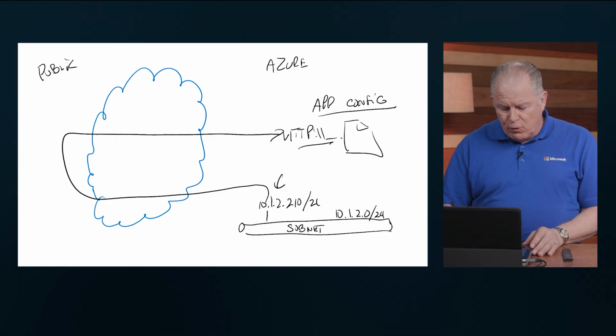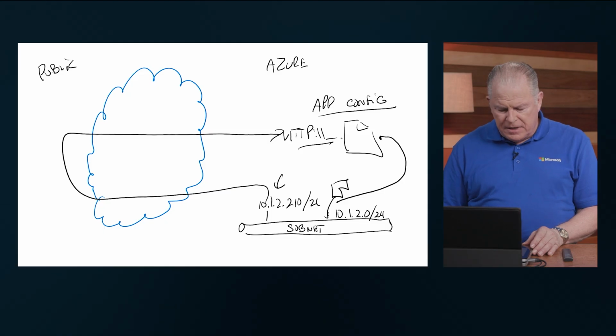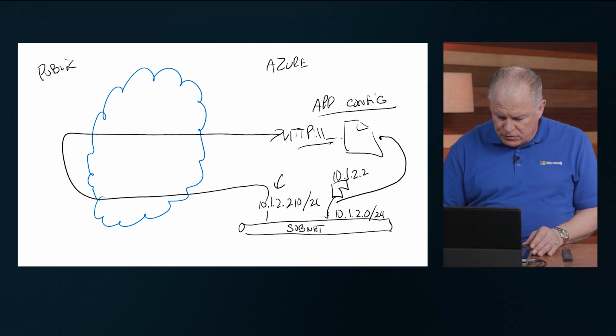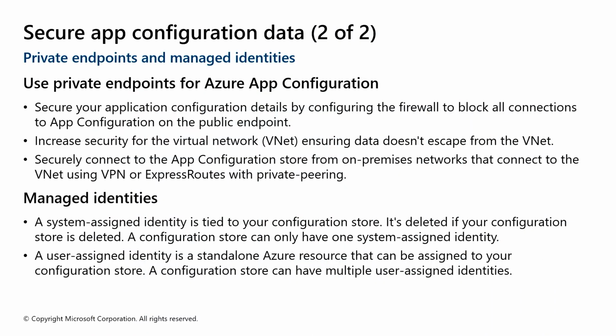A private endpoint is a way to attach a service or a capability in Azure and project it as if it was a network card inside of a subnet, getting an IP address, so 10.1.2.220, whatever is a valid IP address on that subnet. So now your service can access that information by coming to a local private endpoint. That would be the preferred method, using the private endpoint to connect to the Azure App Config service.